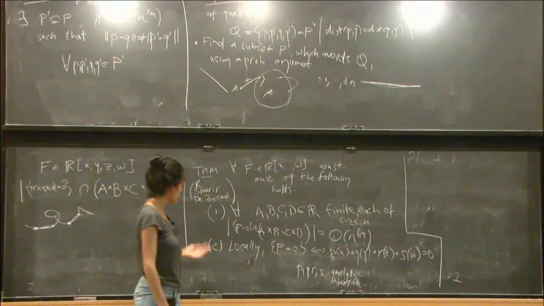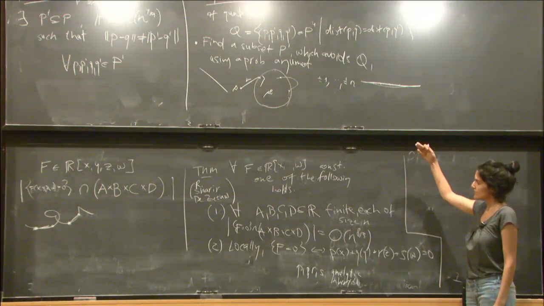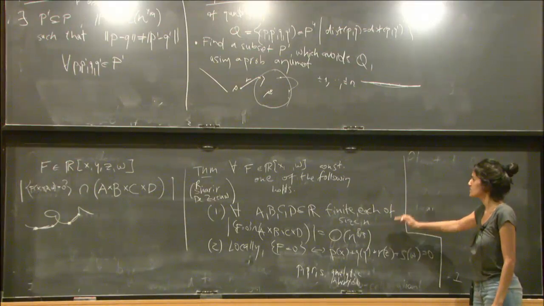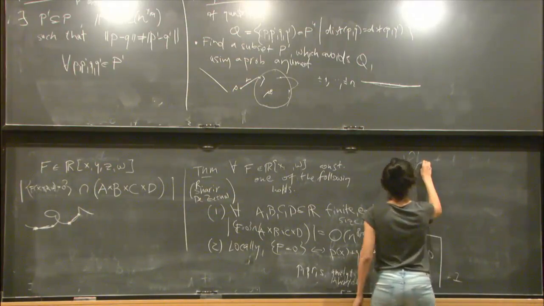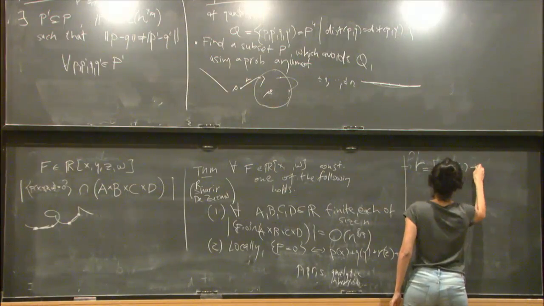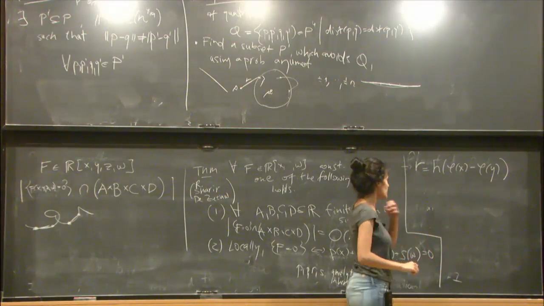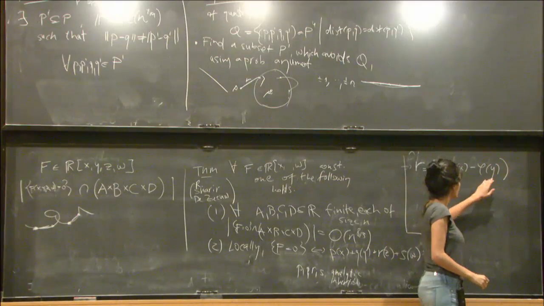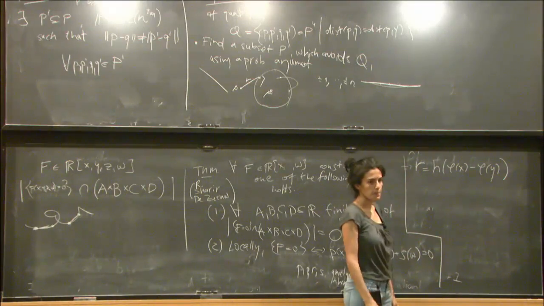If we started with some curve, either we can bound the number of quadruples, or otherwise what one can show is that the distance between 2 points on the curve can be described locally as something of this form, phi of x minus phi of y. In order to know the distance between a point on the curve corresponding to the parameter x and a point corresponding to the parameter y, we just need to compute this function.